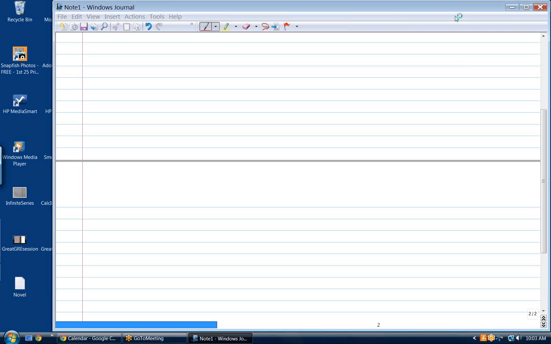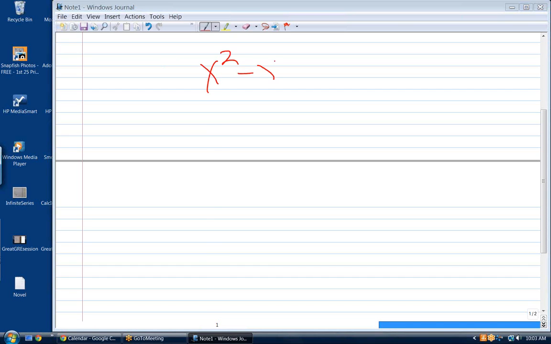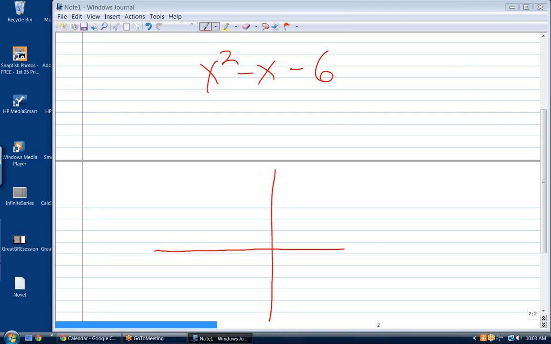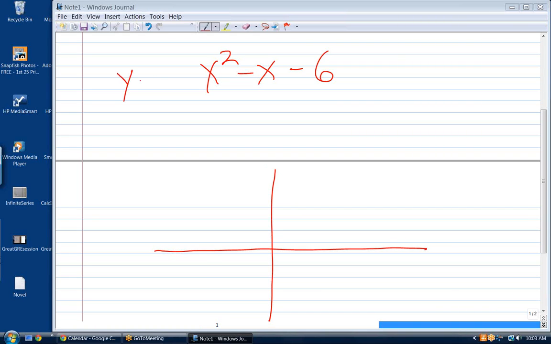Graph. Okay. The quadratic function is x squared minus x minus 6. Couple ways to do this.